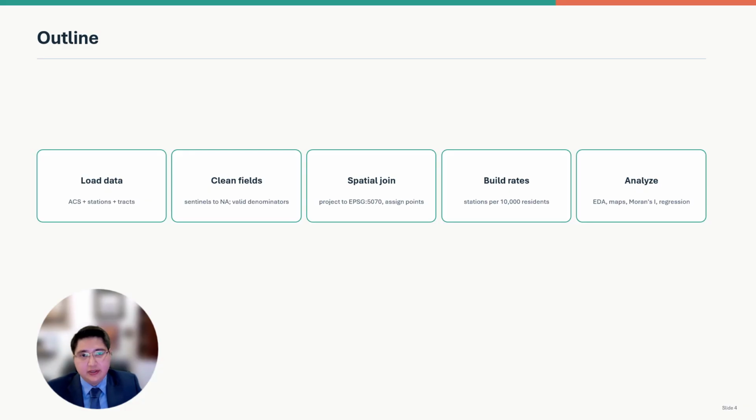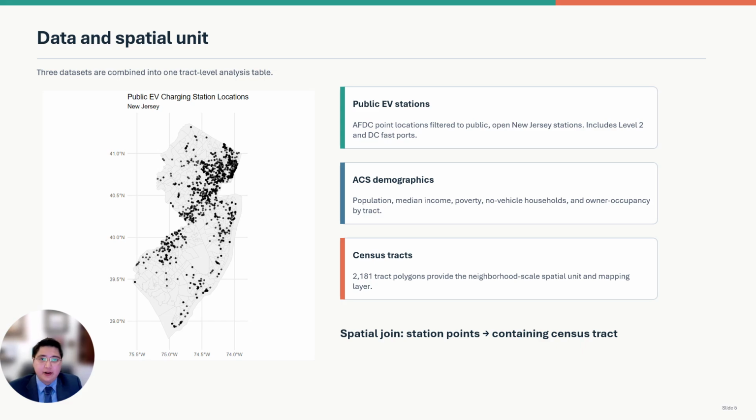Once the station counts are attached to the tracts, I build population-adjusted rates such as stations per 10,000 residents. And finally, I analyze the data using EDA, or exploratory data analysis, and maps, Moran's I, and the negative binomial regression.